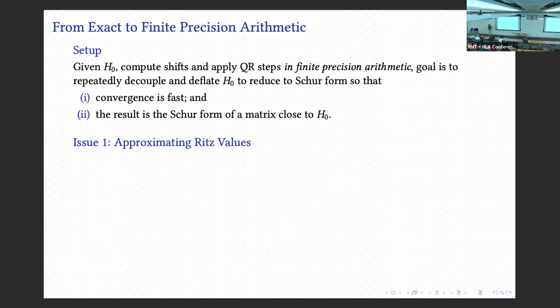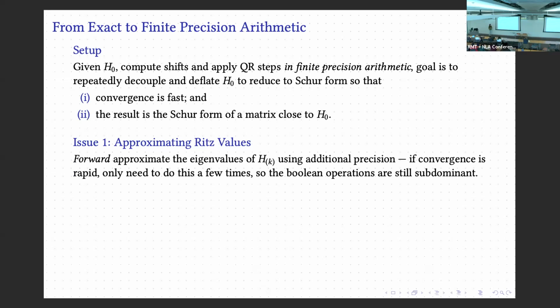But once you get to higher degree shifts using higher order Ritz values, those are themselves the eigenvalues of a matrix. And so you need some way of approximating those, which is the whole problem that we're trying to solve in the first place.